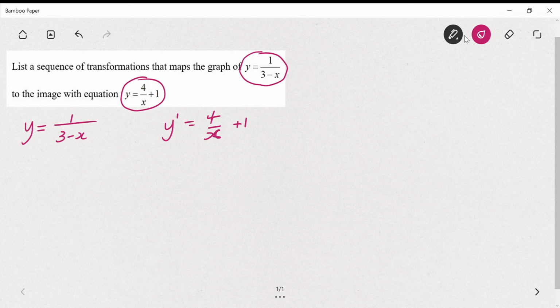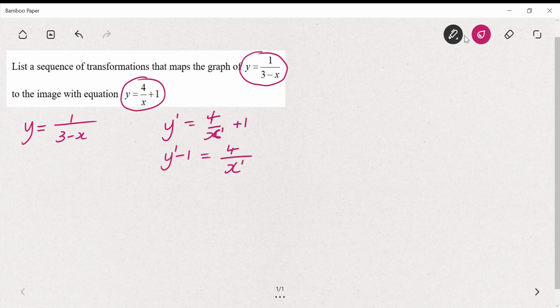I'm going to have to rearrange this image function to make it look in the same format, same standard function on the right-hand side. Don't mind what happens with the y's on the left. So, and there's a prime, that's my image function. So I'm going to minus 1 off: y prime minus 1 equals 4 on x prime.